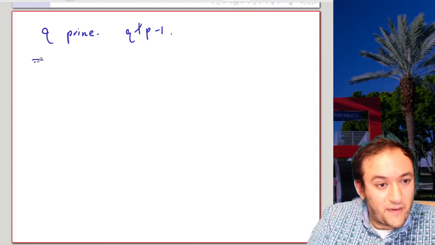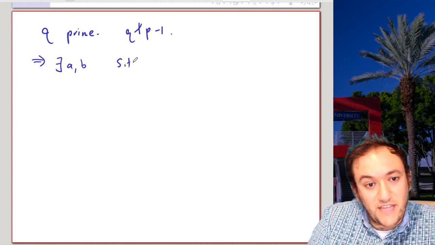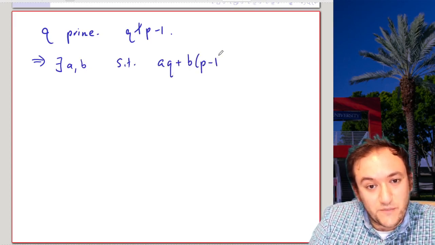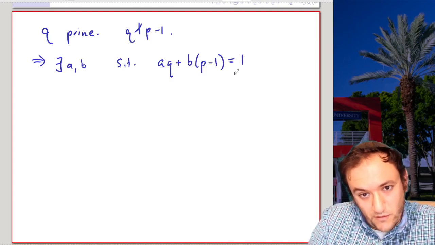That means we'll have A and B such that AQ plus B times P minus 1 equals 1.